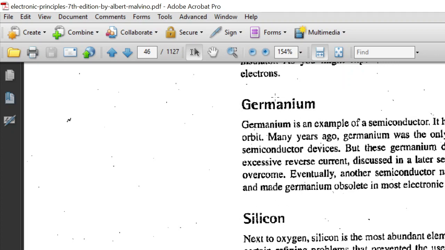Previously, when work with semiconductors started, germanium was very much used, because at that time silicon devices were not coming up because of some issue in extracting silicon in pure form.